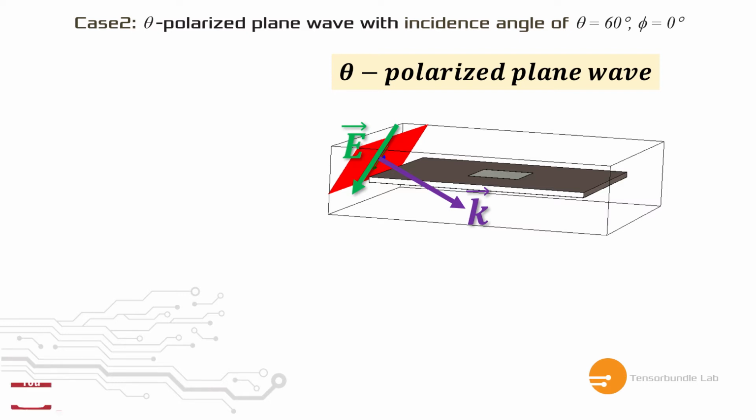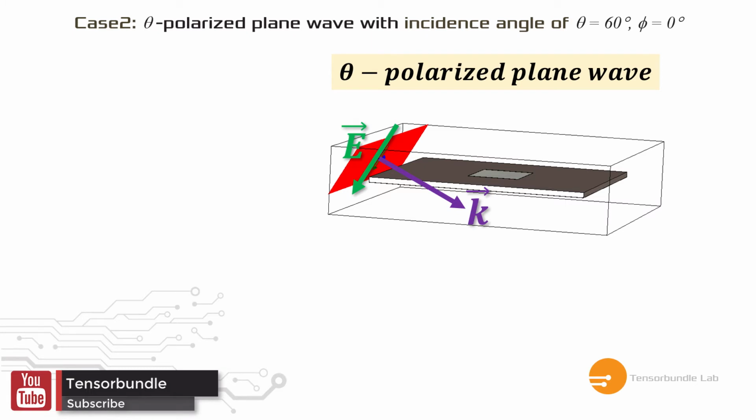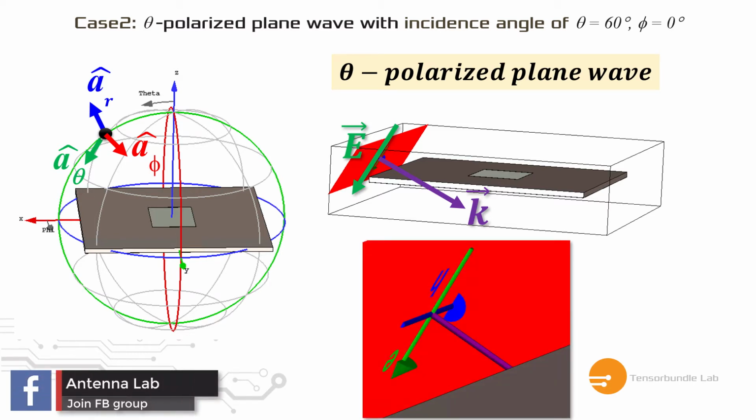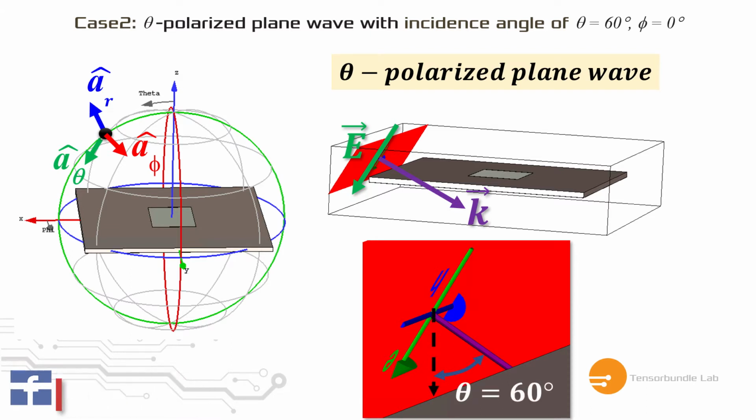And obviously we can compare this figure with the spherical coordinate system, and then we can easily find that the k vector, which is the violet color line, is making an angle of 60 degrees with the normal incidence of the patch.